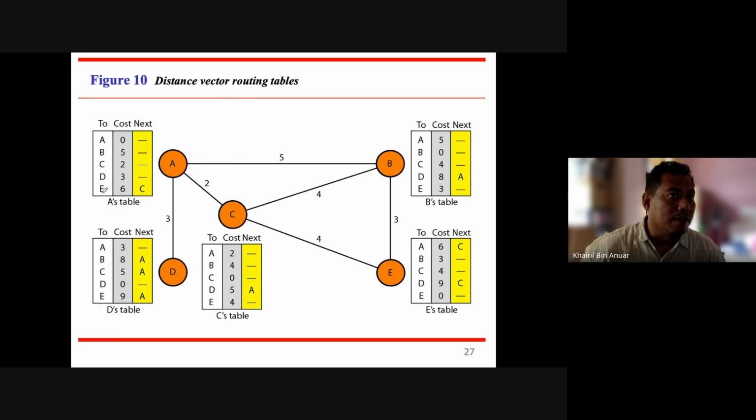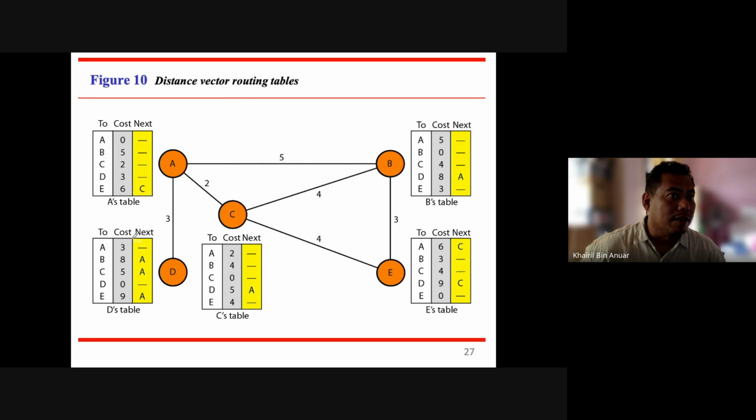If you want to go to E, you have options: through A, B, C, E, or A, C, E, or A, B, C. You choose based on the least cost, and to go to E the least cost is to go via C, with a cost of 6.